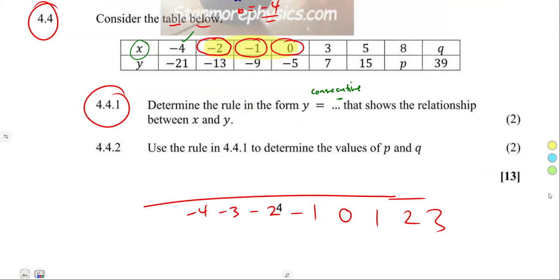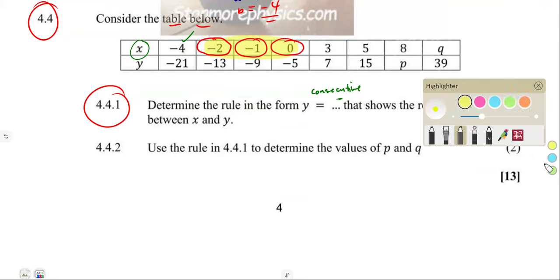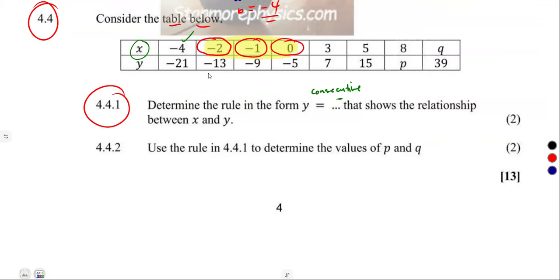When you are given that, you can tell from the output values, because if the input values are consecutive, output values will also be consecutive. So in this case, you are going to form a pattern from these output values.